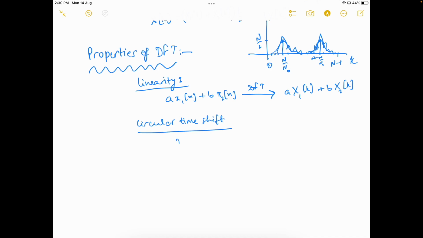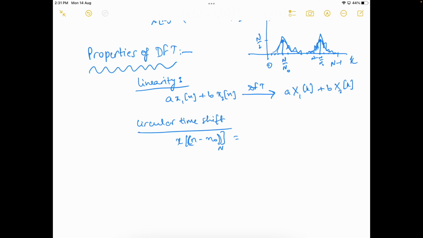Another property is circular time shift. Let's say I move my xn by n naught. I move it in a circular fashion. Whatever I do in the DFT space is circular.